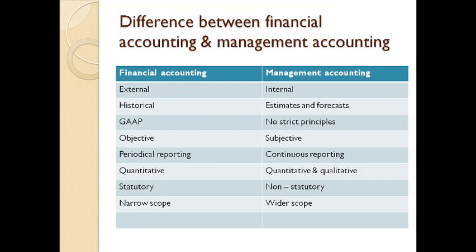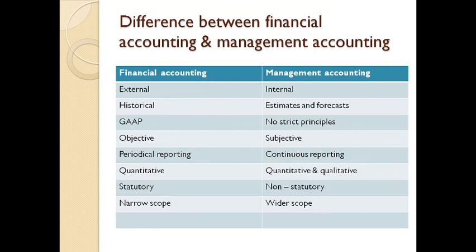Financial accounting mainly serves the interest of outsiders like shareholders, creditors, investors, etc. Whereas management accounting serves the needs of parties mainly internal to the business. It is mainly the management who are interested in maintaining a management accounting system.